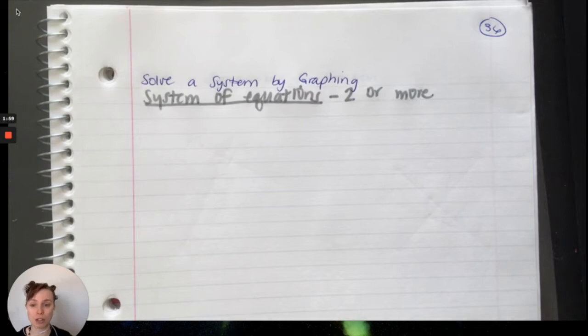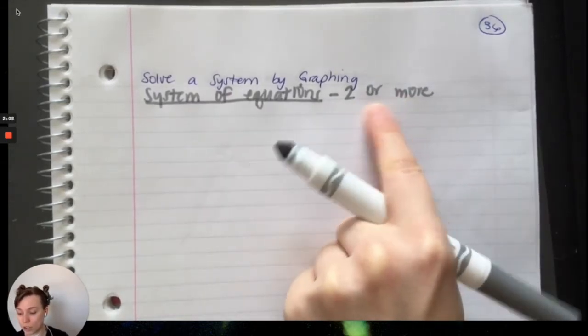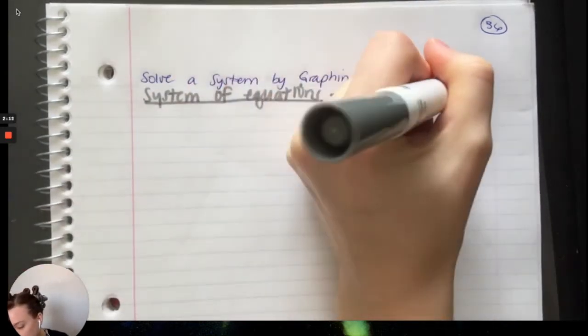As you work into Algebra 2 and pre-calc and college and graduate math, you're going to be seeing systems with more than just 2 constraints. So its definition is 2 or more. We're working with just 2 for this unit.